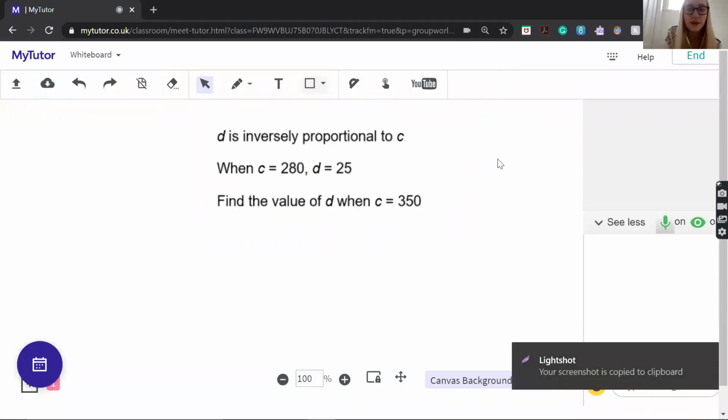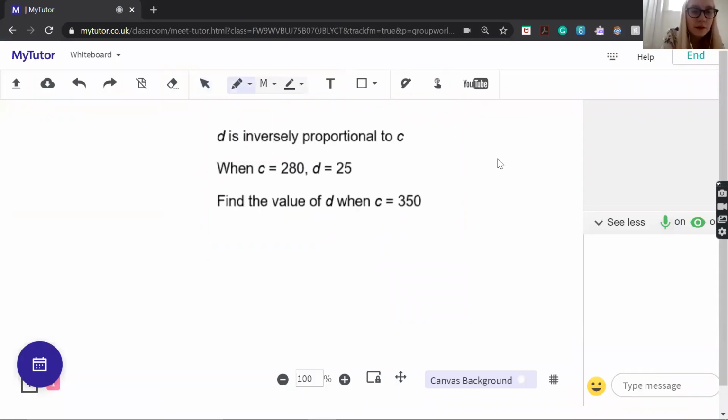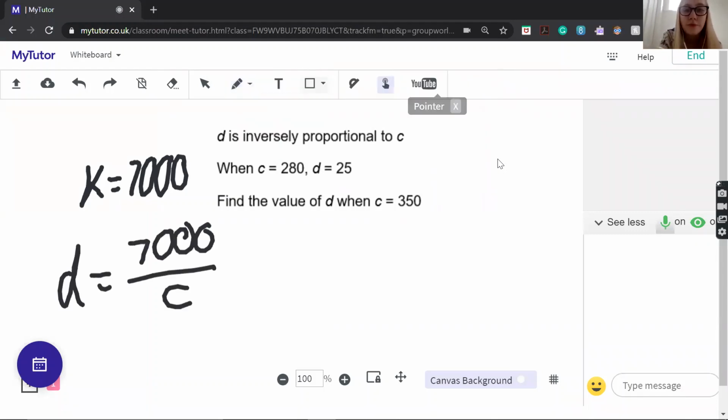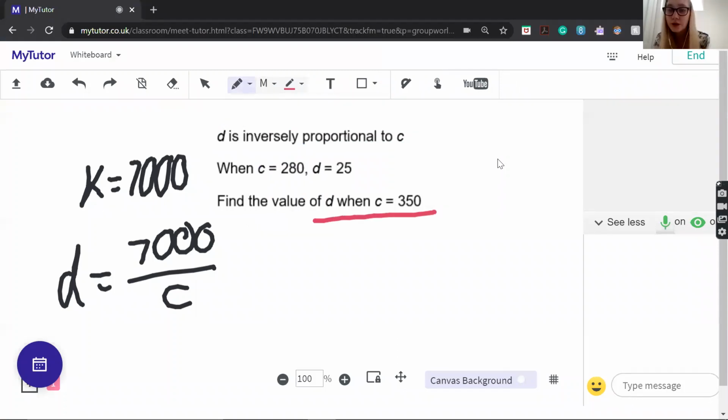So we've worked out that k equals 7,000. So we know that our equation was D equals 7,000 over C. That's what we were doing there before the page crashed. It's just saying that we're just popping k back into our equation. And then what we want to do here is find out the value of D when C equals 350.